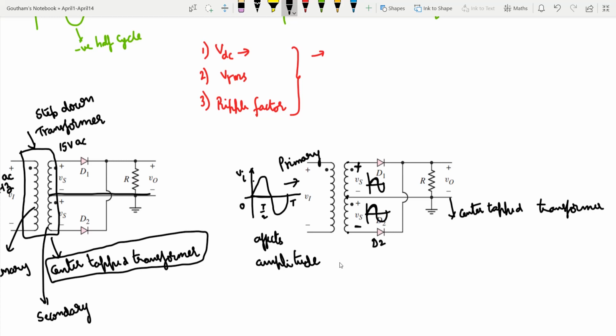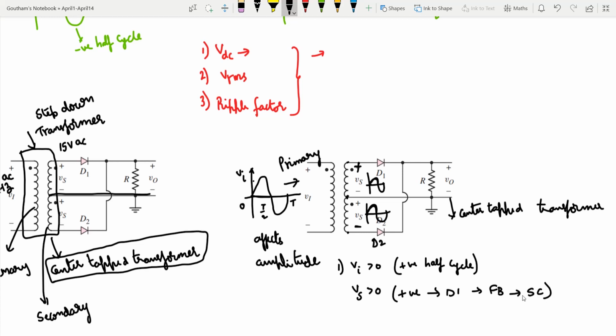I am making one important conclusion here. When vi is greater than 0, that is in the positive half cycle, vs is also greater than 0, but because vs's positive terminal is connected to d1, d1 is forward biased, and when it is forward biased we replace it with a short circuit.